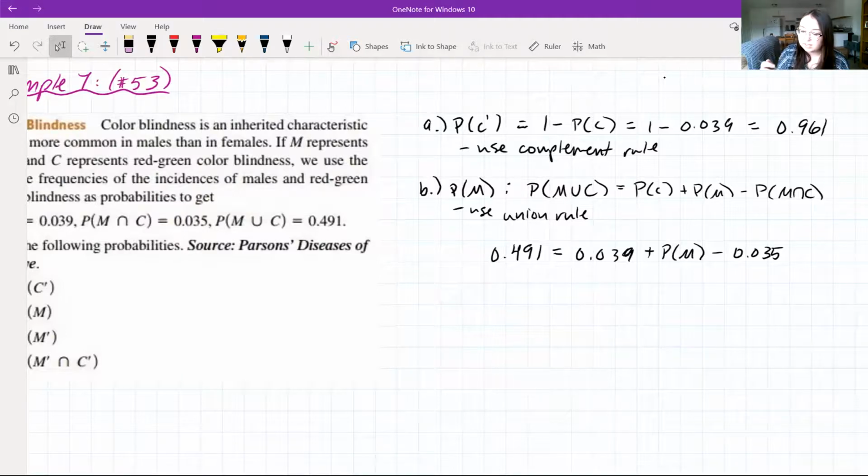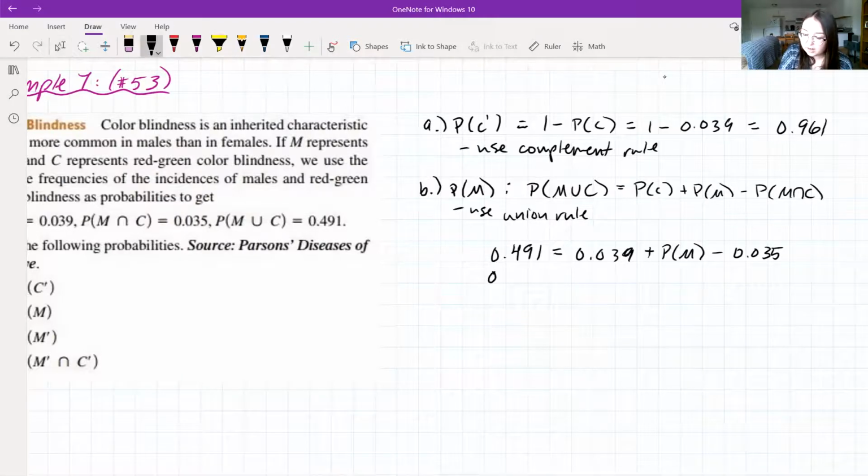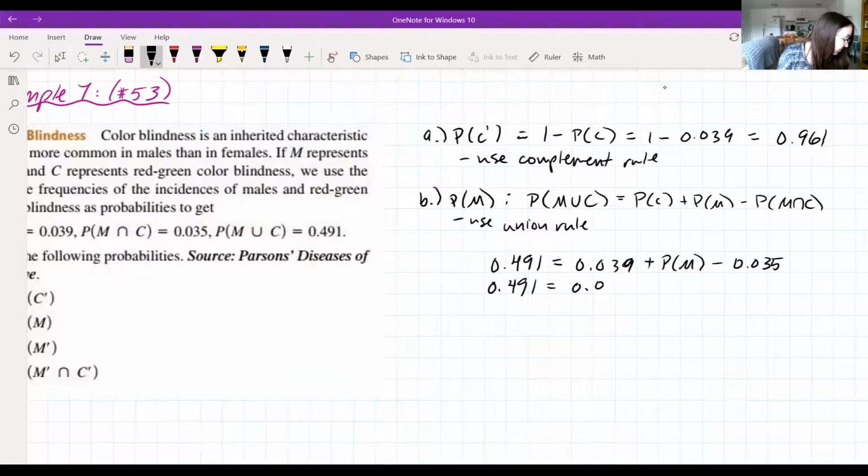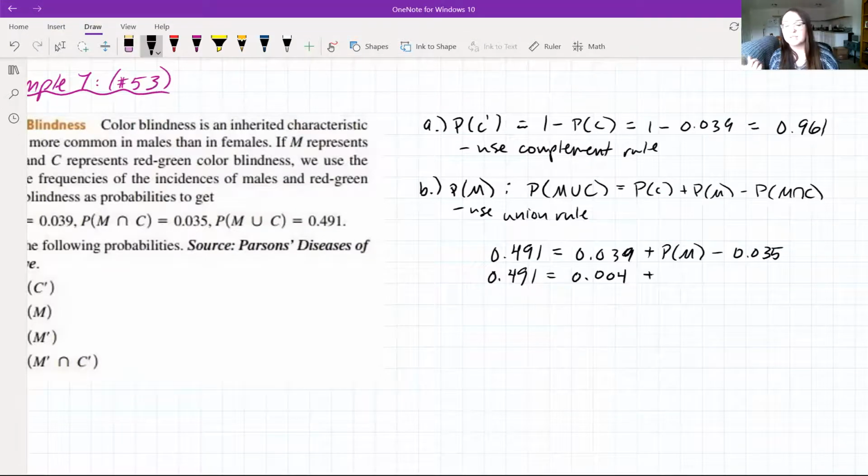So let's simplify the right side. We get 0.491 is equal to 0.004, because we just subtracted that 0.035 from 0.039.